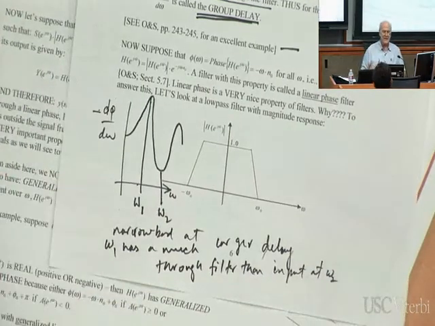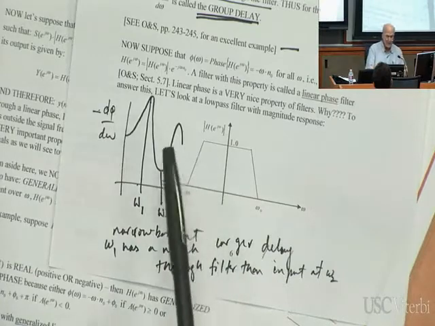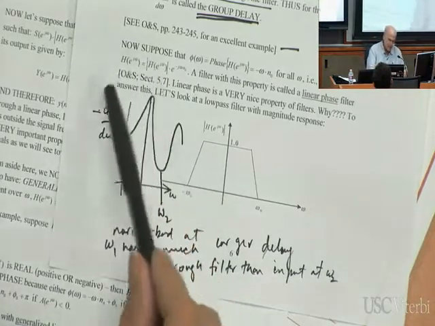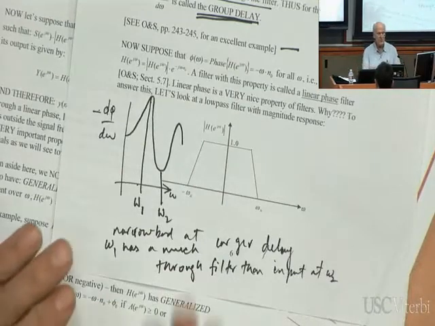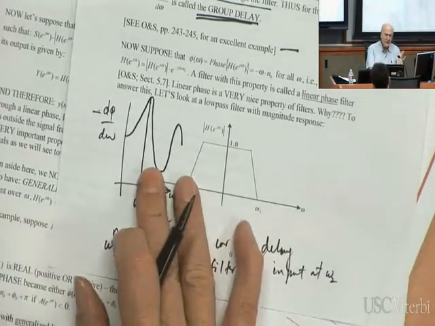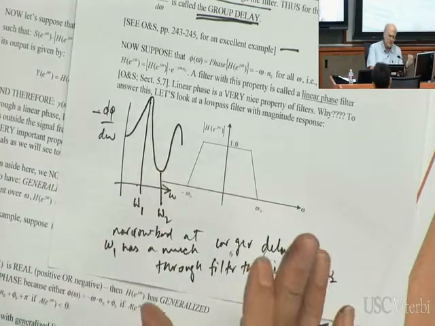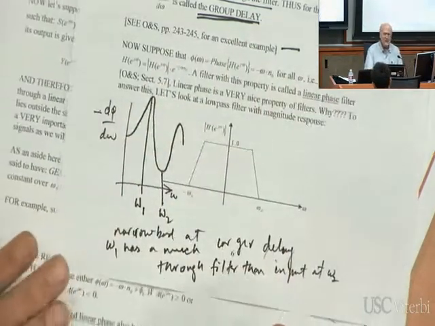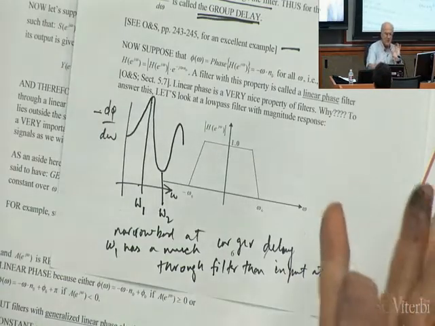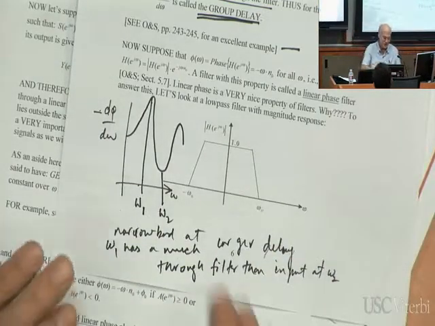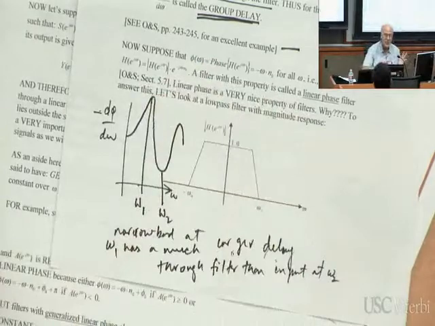And they had this really neat example where they had a filter with a derivative of phase that looks something like this, and then they showed what happens with narrowband signals at 3 or 4 different frequencies that go through this filter. What's interesting is the signal that went in first actually came out last, because it happened to be at a frequency with a very large delay.